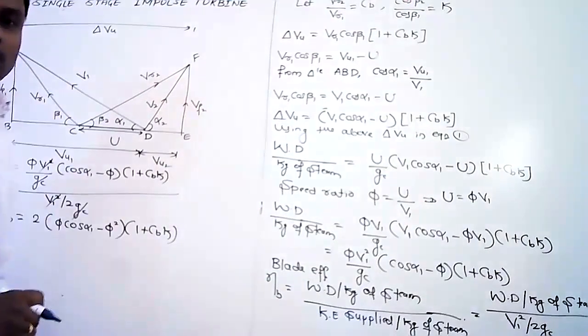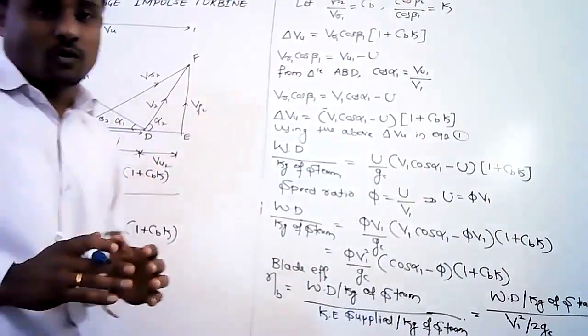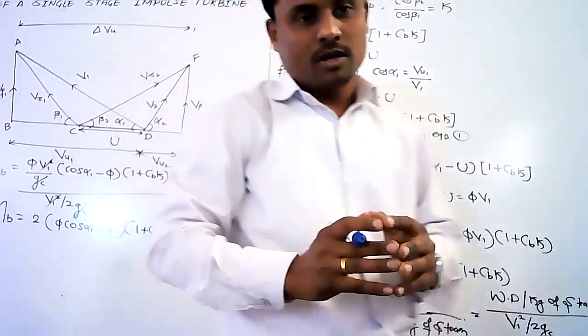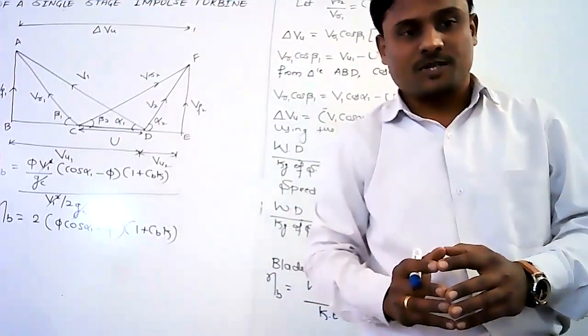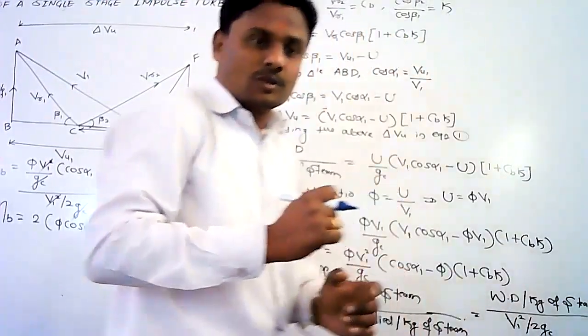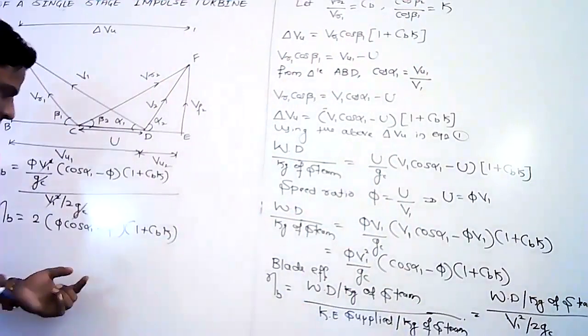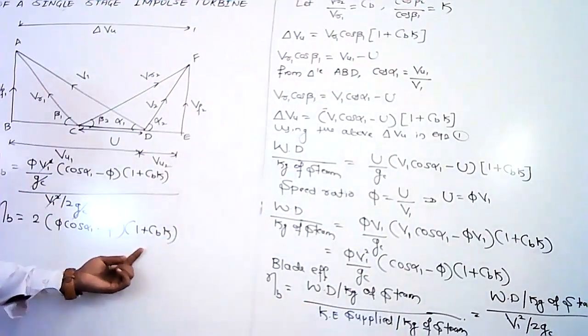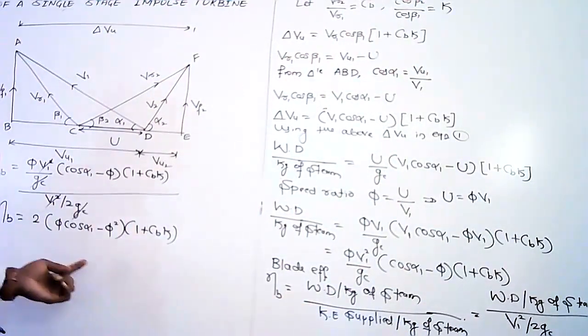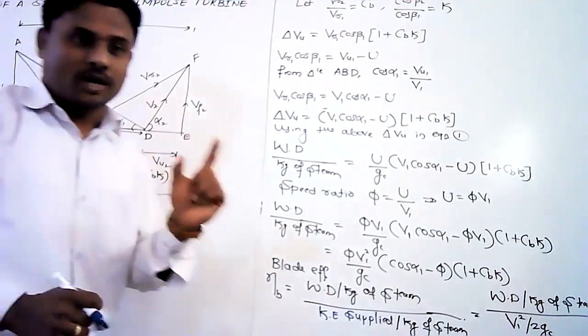Now ultimately what we want is the condition for maximum blade efficiency. A little consideration shows that Cb is constant, K is constant, and alpha 1 is also constant. The only variable is phi.